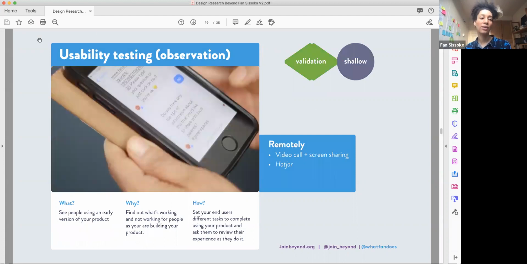And then finally, when you already have a product or an idea, then you can move to usability testing.